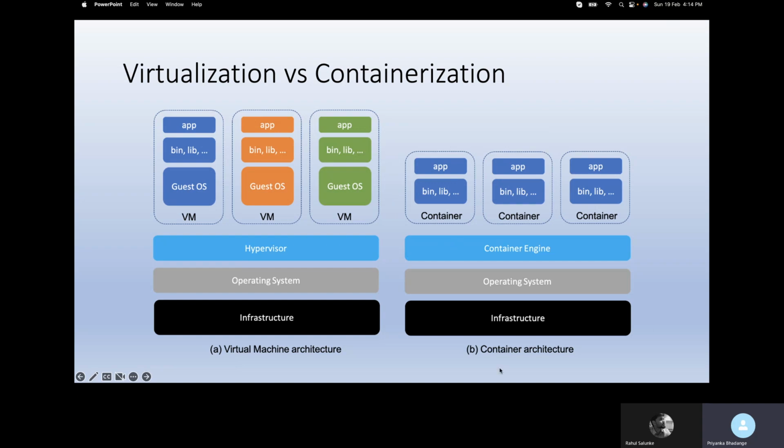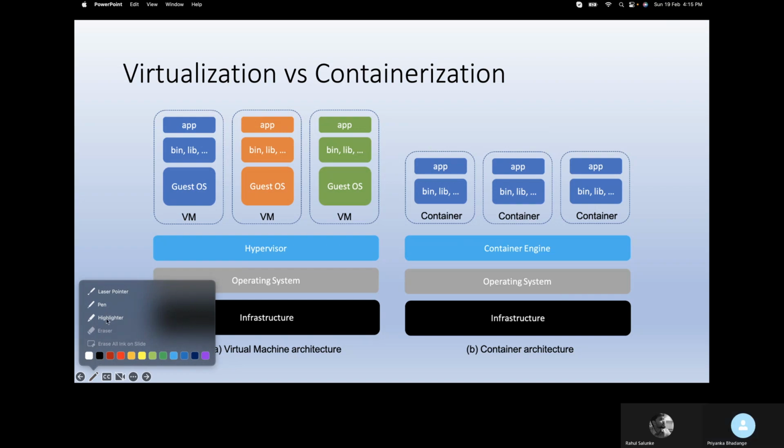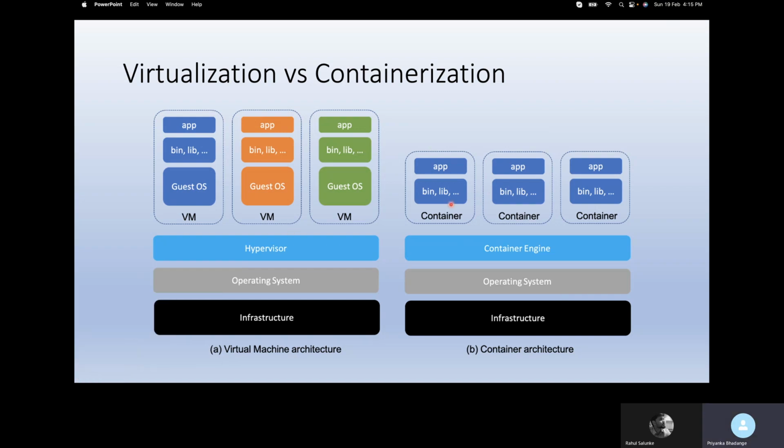On the right side, you can see that we have infrastructure, we have an installed OS, and we have one container engine. There are many container engines available in the market, and on top of that we are running only containers. So if I'm running a Java process, only the Java application or dependency will be available in that particular container.